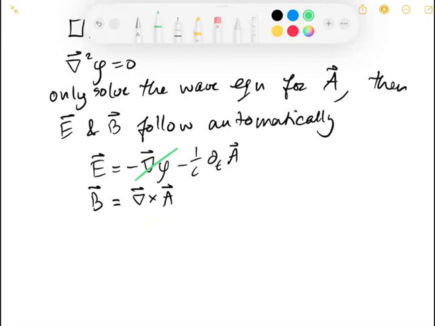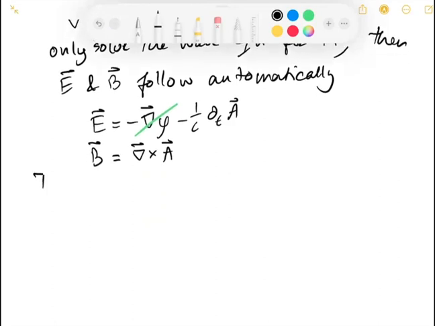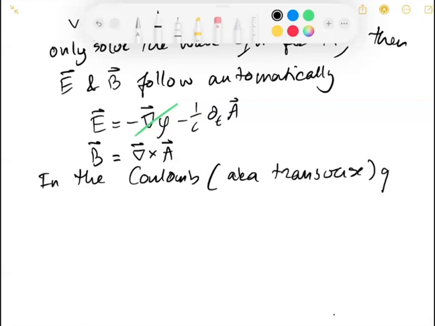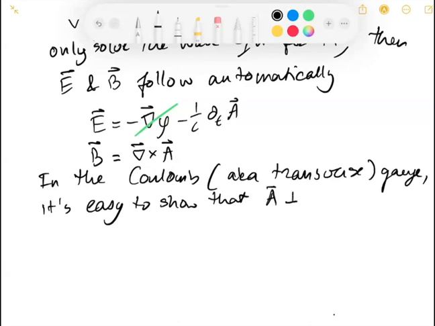So in the Coulomb, aka transverse gauge, it's easy to show that A is perpendicular to k. Okay, how do we do that?